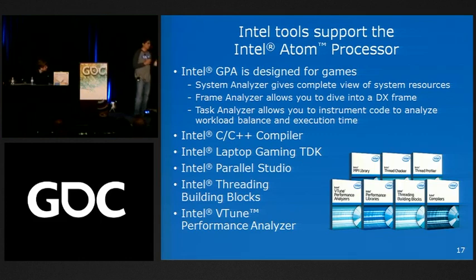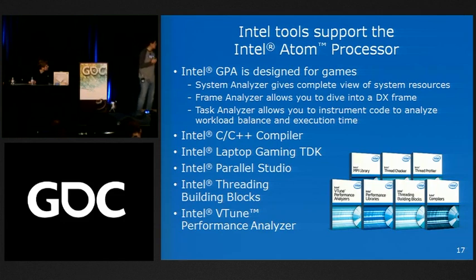There's also, in the new version that was released at GDC, GPA 3.0, another tool that lets you instrument your code. So if you're doing threading, you can instrument what's being done and see the workflow of what's happening in your game, so that you know what's taking more time than other things, and what's running in what thread and things like that.